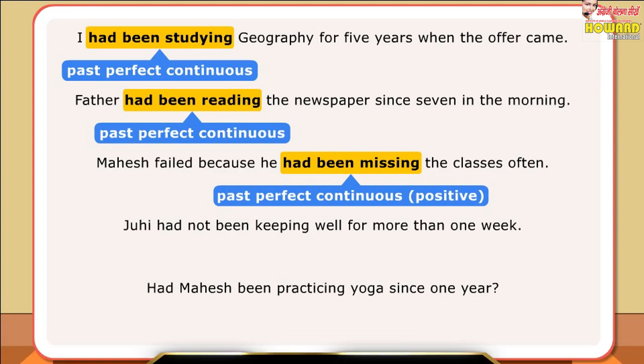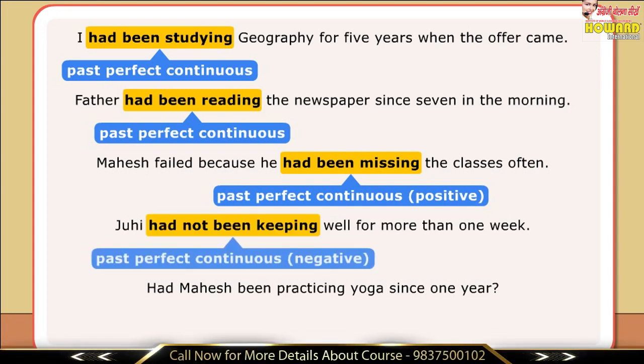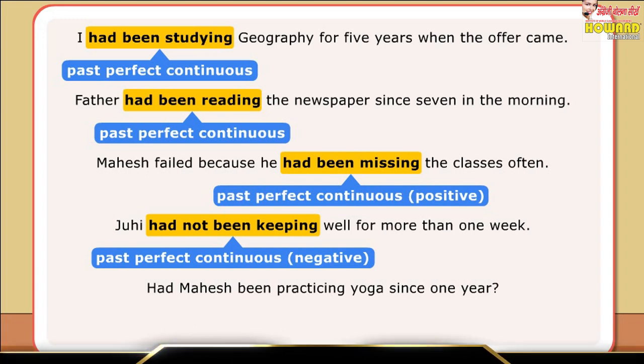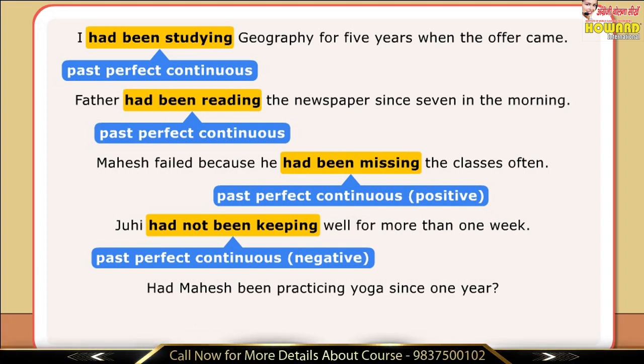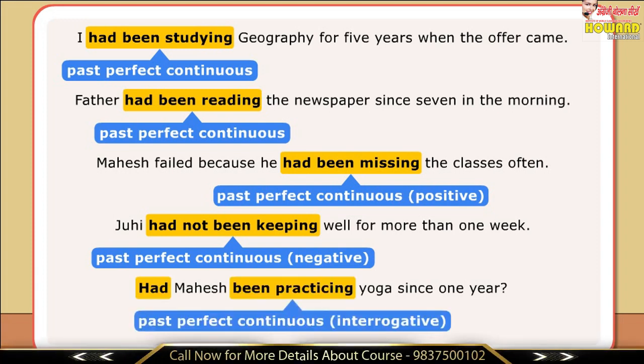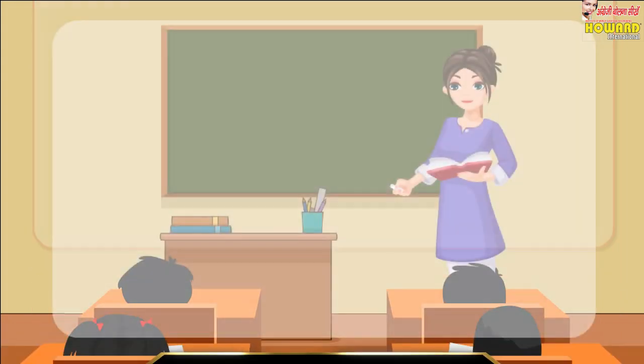In the fourth sentence, had not been keeping is past perfect continuous negative as it conveys a condition that continued for some time in the past. In the fifth sentence, had been practicing is past perfect continuous interrogative as it questions if the action had been continuing for the given duration in the past.